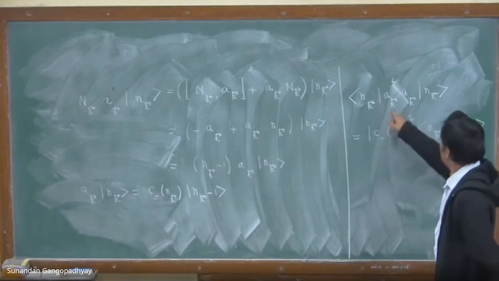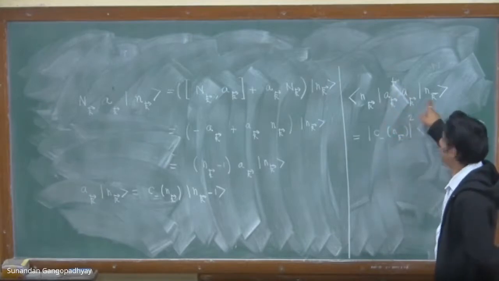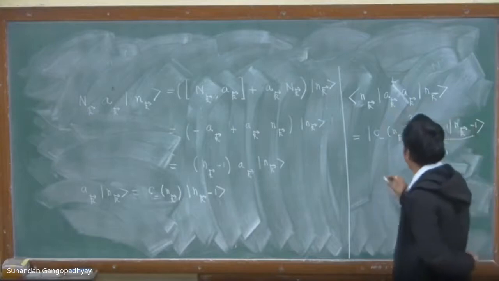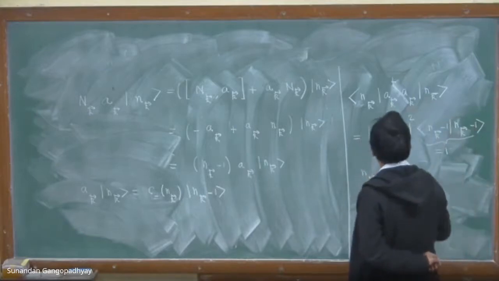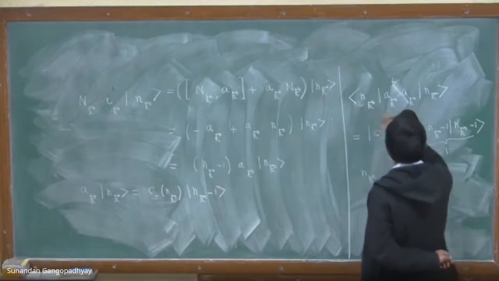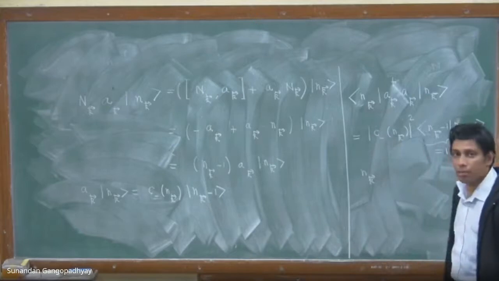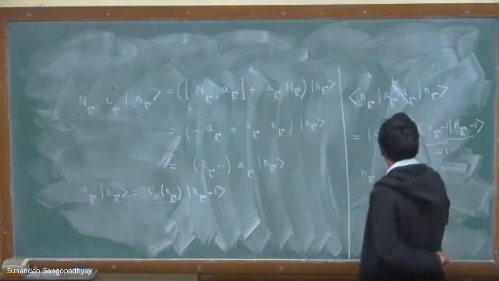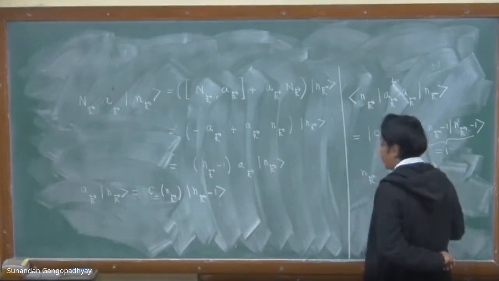You know that AK dagger AK is nothing but the operator capital Nk, and this operating on this will give you the eigenvalue nk. So on the left hand side we get nk, and then bra nk with ket nk is equal to 1 because the state is normalized, and that is equal to c minus nk mod square.